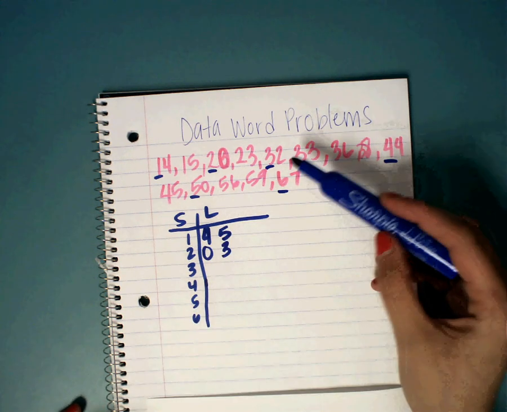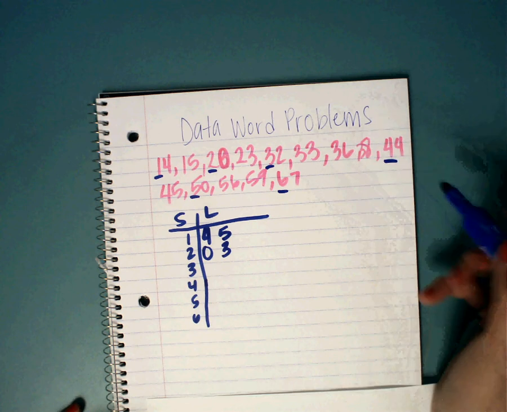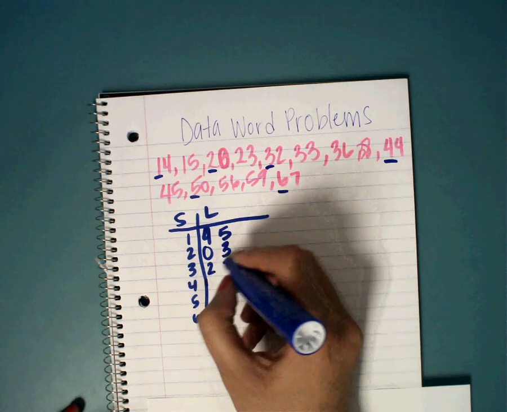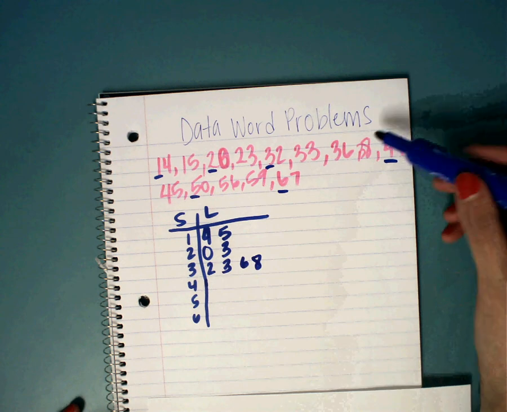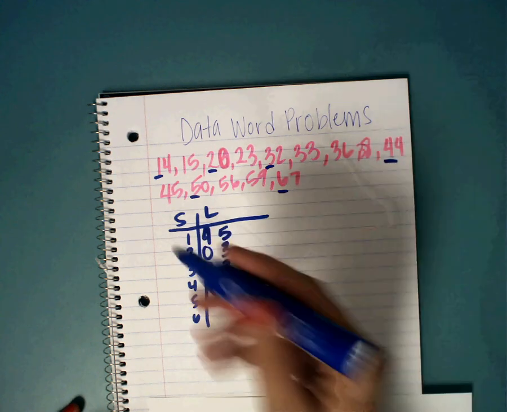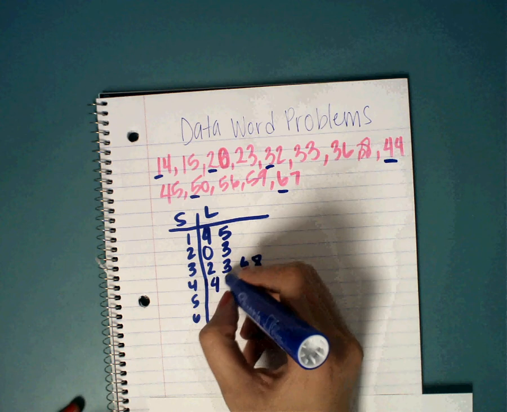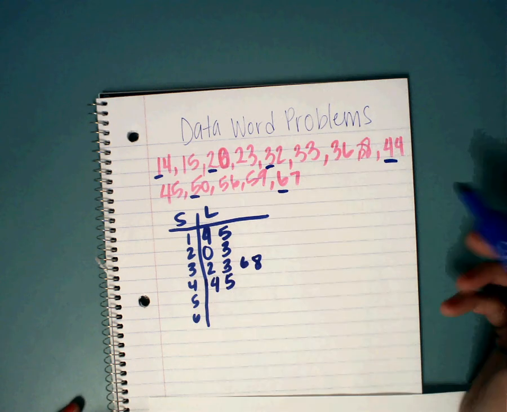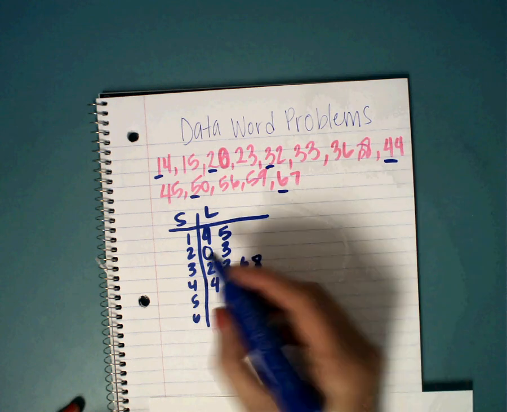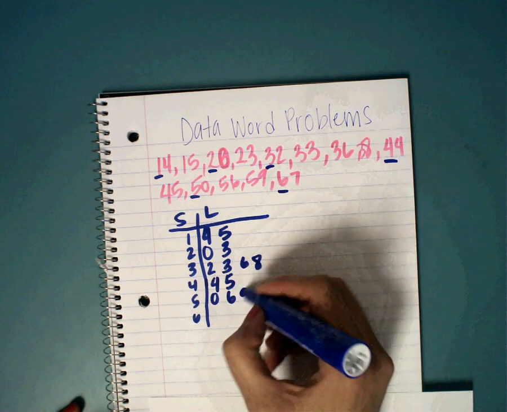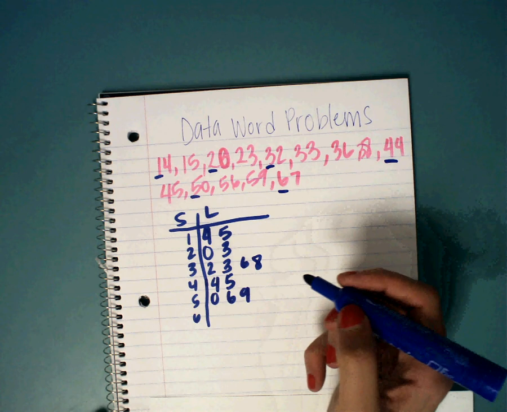And then 4s is just 44, 45. And then the 50s is 0, 6, 9. And the 60s is just 7 ones. All right, so there's our stem and leaf plot.